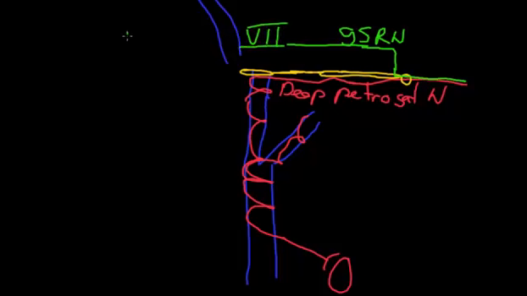So this is the parasympathetic components that have joined with the sympathetic components in the pterygoid canal, right here, running along the base of the skull.